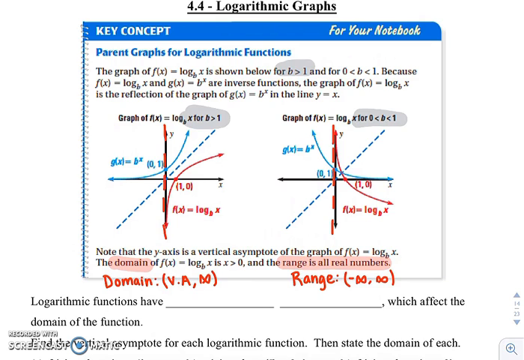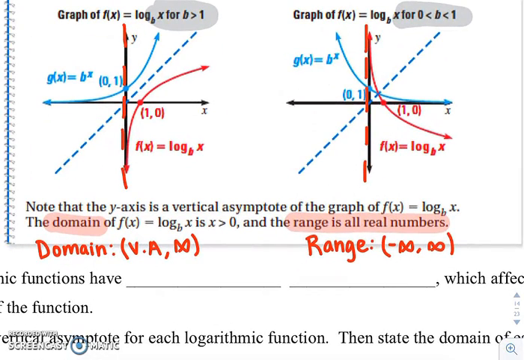What happens with log graphs is we end up with vertical asymptotes. That's what I drew on the graph there. So vertical, they're going to go up and down. Because they're inverses of the exponential functions, remember we said inverses are when the domain and range switch. That's what happens with the domain and range of these log functions.